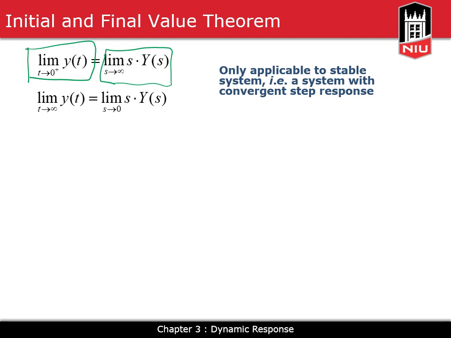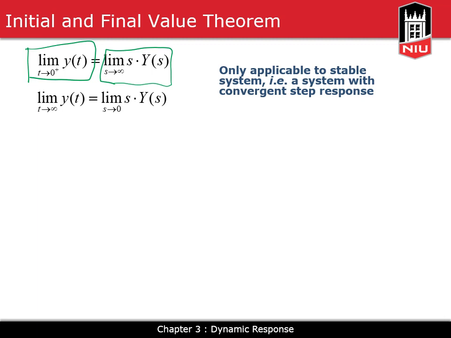If we want to find the initial value of y of t, but we don't really have the function y of t, this helps us find that by using y of s without having to do the inverse Laplace transform. This is useful only if we want to find the initial or final value of the function. If we need to know anywhere what happens in between, then we have to apply the inverse Laplace transform first.